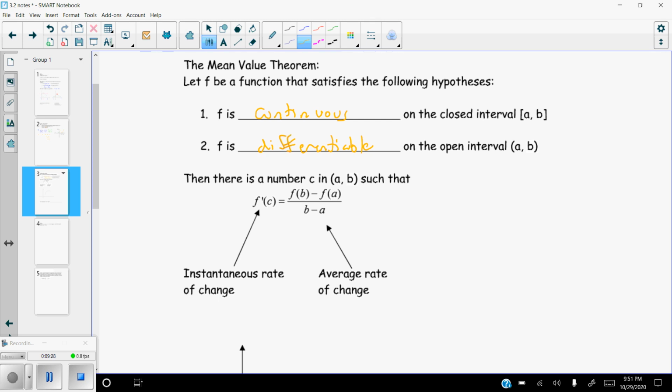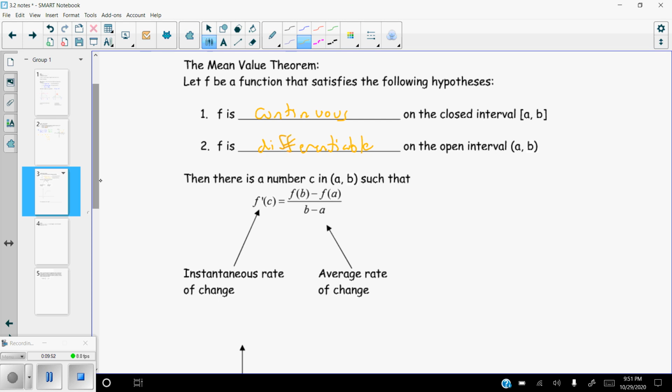What it says is that if these 2 things are met, you get a continuous closed function, and it's differentiable on that entire interval, then there's going to be a number c, some x value in between the endpoints, such that the derivative, or the instantaneous rate of change at c, is the same thing as the average slope between a and b.